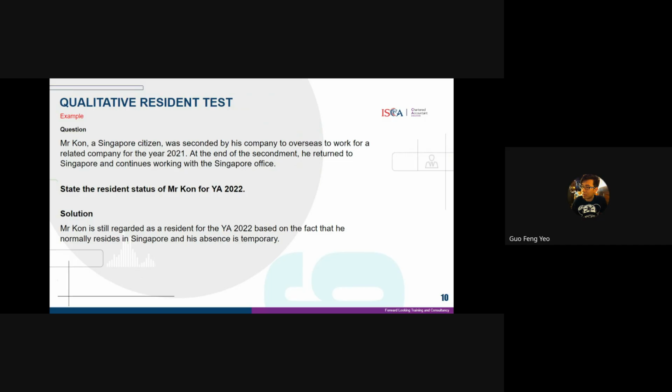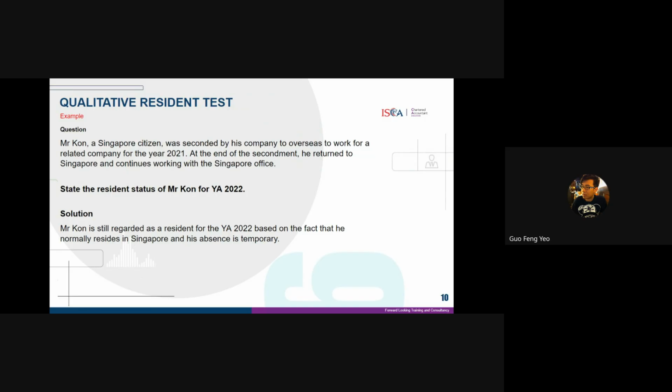One notable fact about this question is that the question did not provide further details on how long he was away in 2021. It could be a week, a month, 6 months, or 9 months. However, as you look at the suggested solution, you will realize that ordinarily, we will still regard Mr. Korn as a Singapore tax resident for YA 2022.